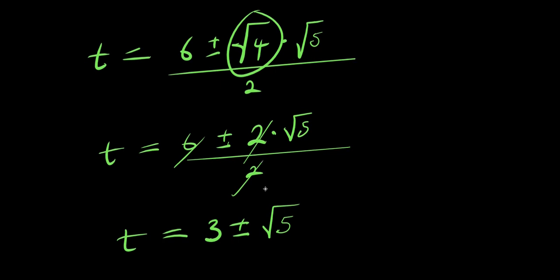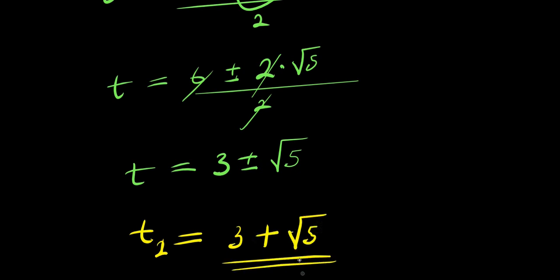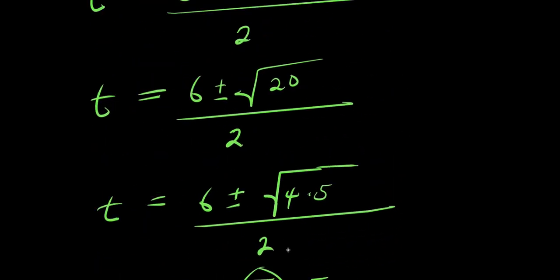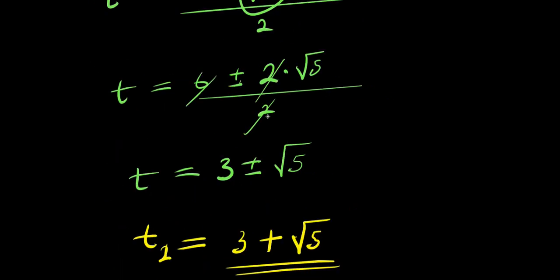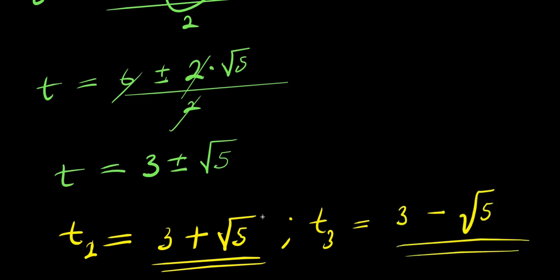Right, so we have two values for t. Because we have gotten t1 already, t2 is 3 plus square root of 5, then t3 equals 3 minus square root of 5. So these are the complex values for t.